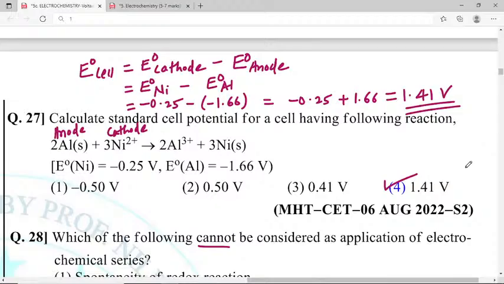In the problem, the nickel value is given as minus 0.25 volt, aluminum given as minus 1.66 volt. Cathode minus anode. Nickel is the cathode. Please mention the question number.